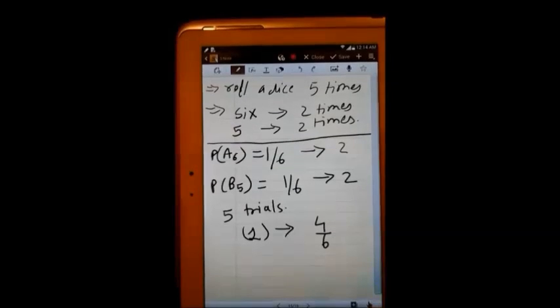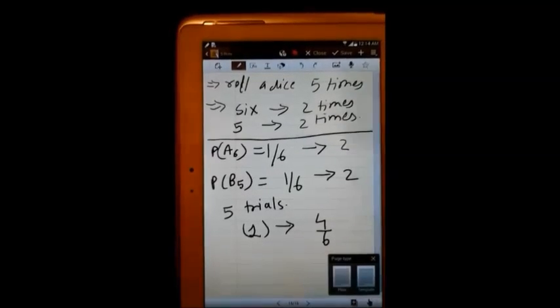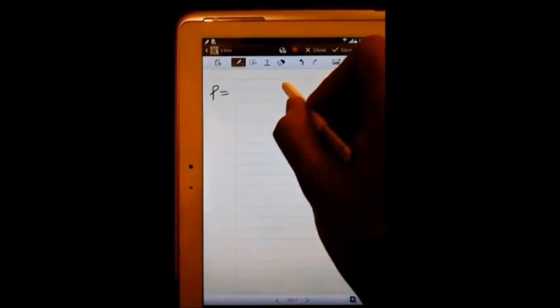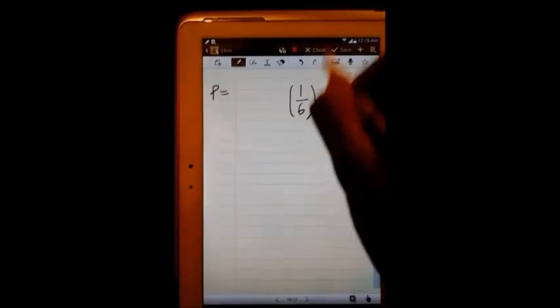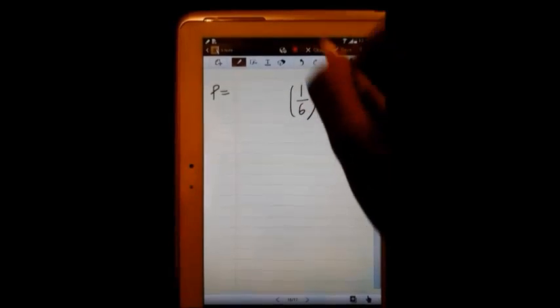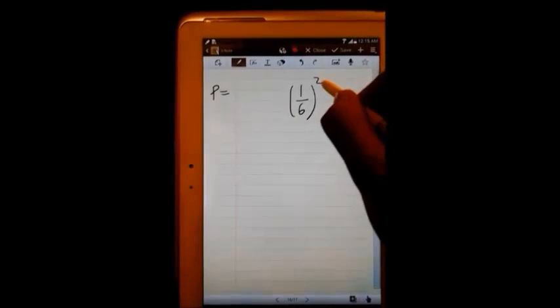Therefore, now the probability can be given as P equal to 1 by 6, the probability of getting 5 on the dice, which occurs 2 times.